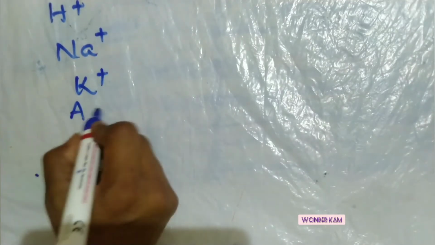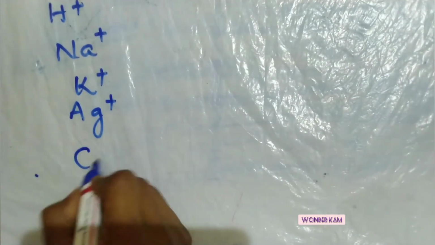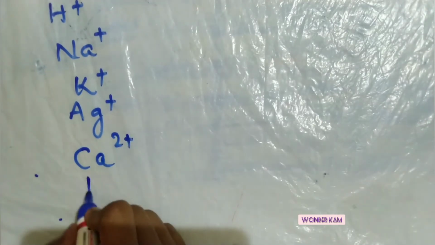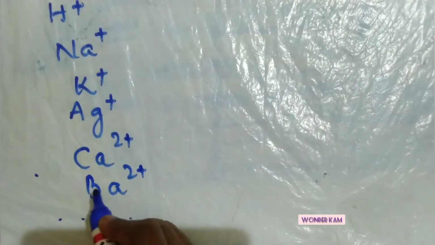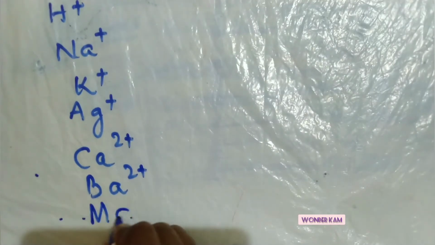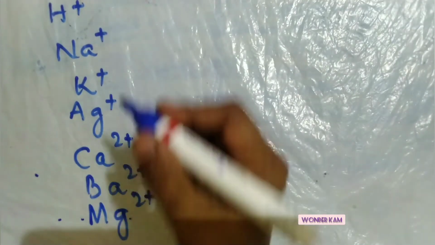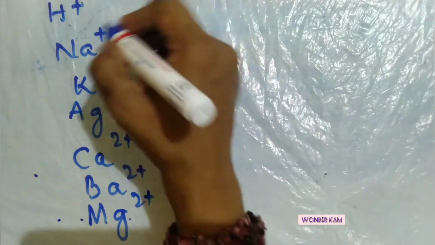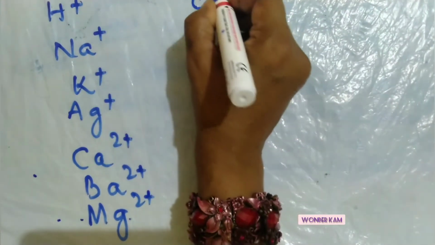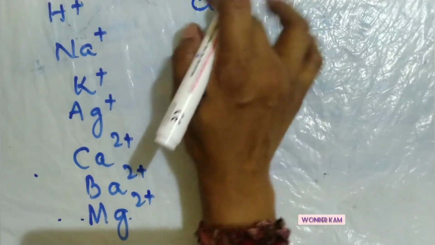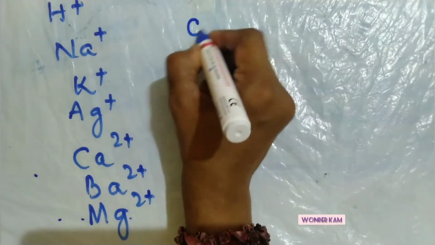Potassium, silver, calcium 2 plus, barium 2 plus, magnesium 2 plus. These are certain ions with positive charge. Similarly, negatively charged ones. I am just writing here a little.